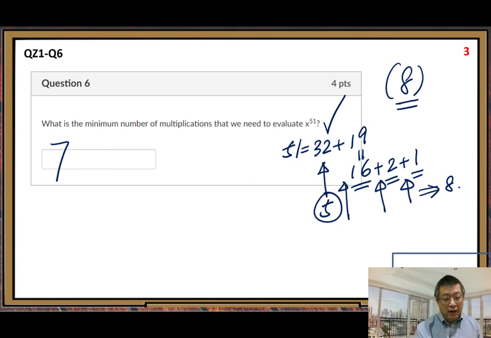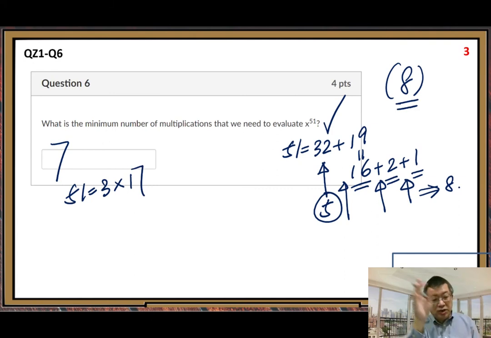Now, this 51 is a special number. 51 is a multiple of 3. Can you see that? 51 equals 3 times 17. If you can see that, then you're almost there.